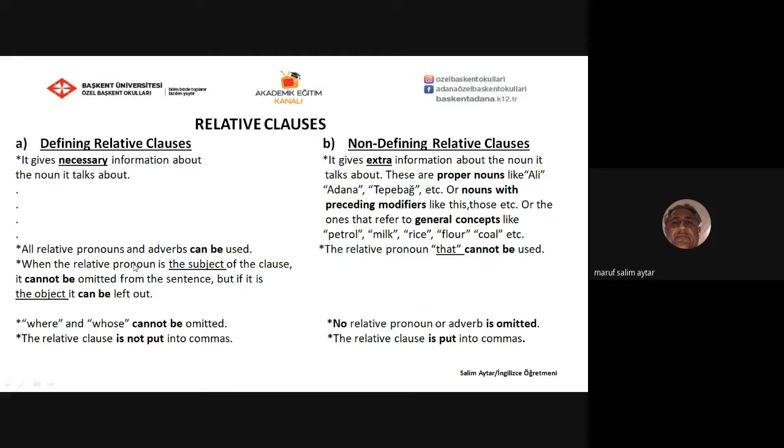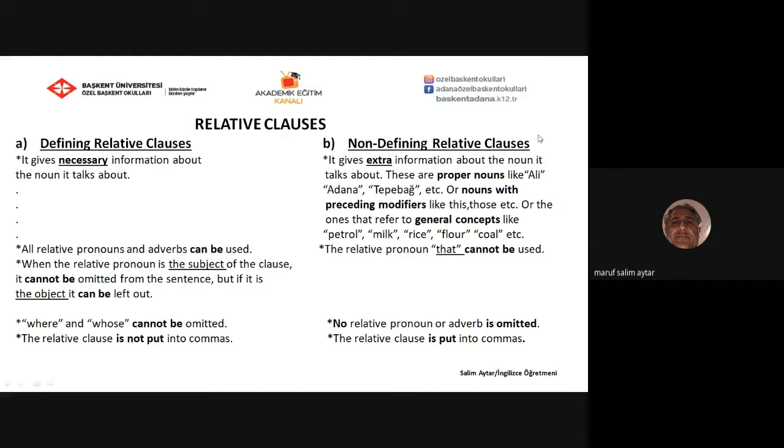And when the relative pronoun is the subject of the clause in the defining relative clause, it cannot be omitted from the sentence. But if it is the object, like which, whom, okay, it can be left out, okay? Also, where and whose in the relative clause cannot be omitted, okay?